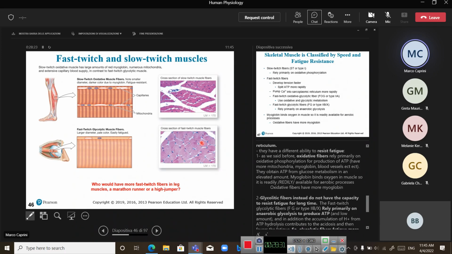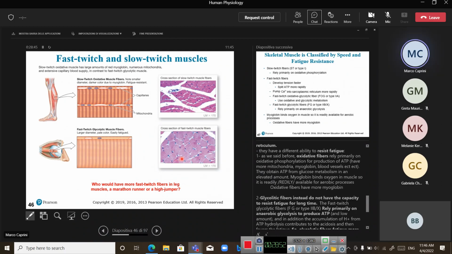And again, the glycolytic fibers, this one instead, do not have the capacity to resist fatigue for a long time. They rely primarily on anaerobic glycolysis to produce the ATP, but a small amount of ATP.